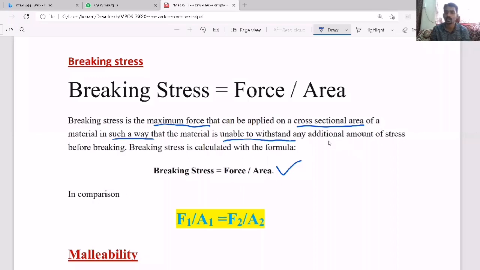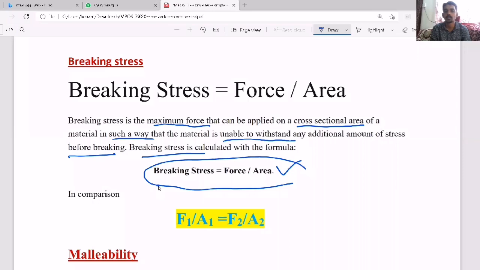That is the maximum it can bear. If you increase it a little bit, it will break, and that we call breaking stress. The stress we can apply before the material breaks down is called breaking stress. So the breaking stress formula is also force by area.